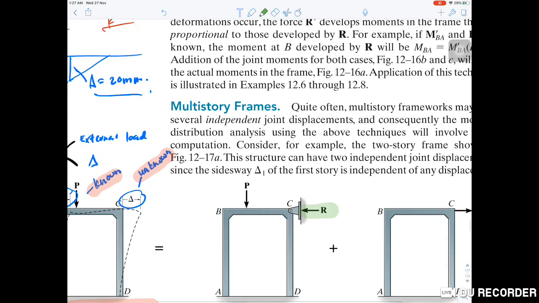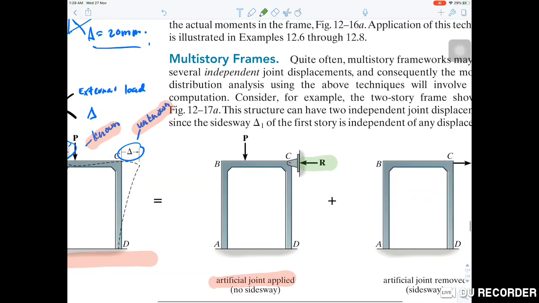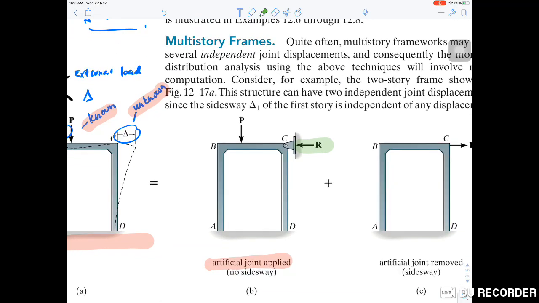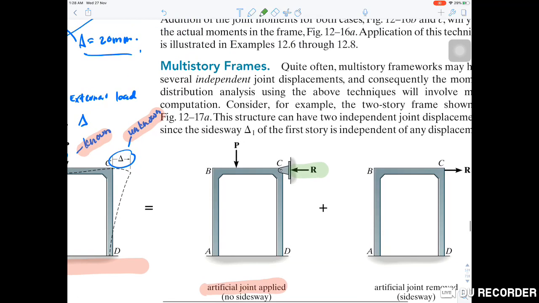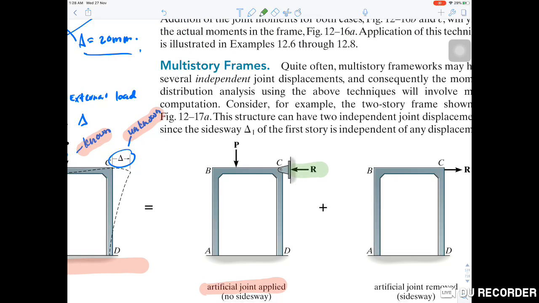So R comes with the support. Due to this artificial support, the frame is now called a no-sidesway frame, or non-sway frame, meaning that we have removed delta from this.